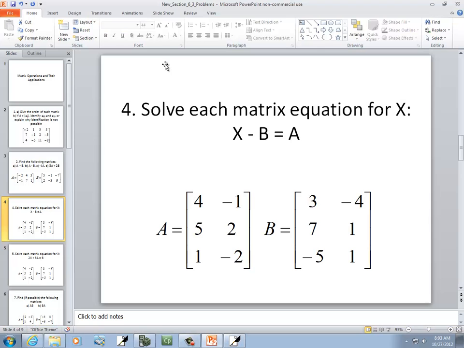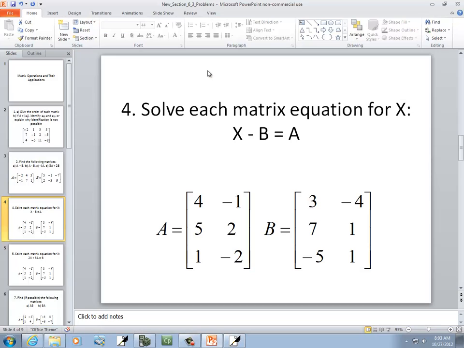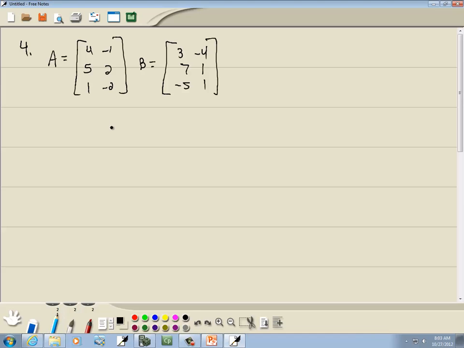And B is equal to 3, negative 4, 7, 1, negative 5, 1. And it says solve each matrix equation for X. We've got X minus B is equal to A. Well, with matrices, the X is a matrix, by the way. That's why it's capital X.